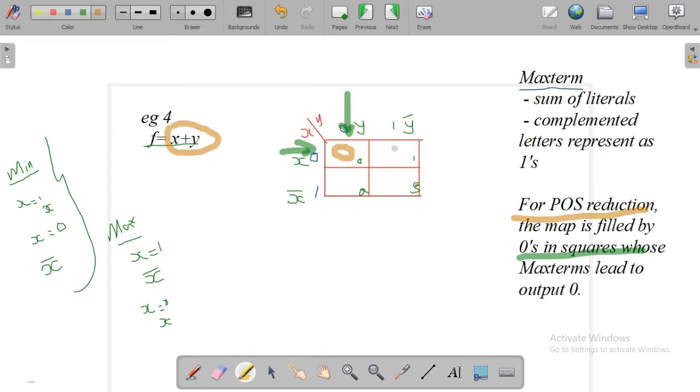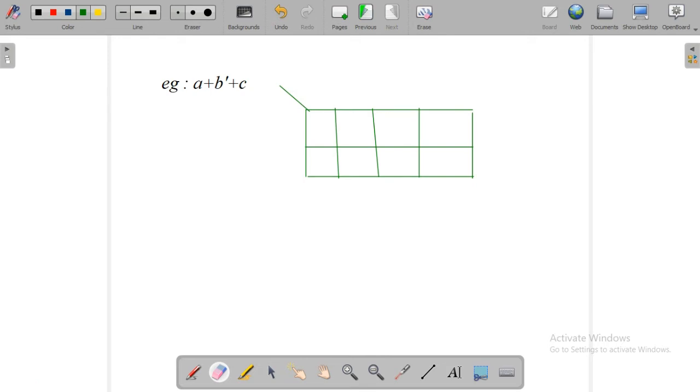And rest of the cells we need to fill with ones, the opposite of the SOP expression.